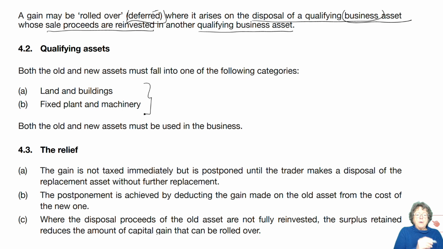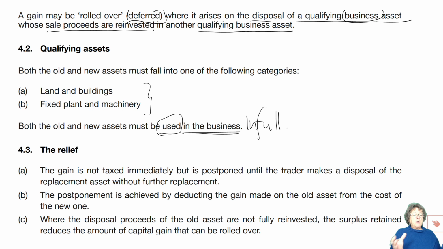Now, both of the old asset and the new asset must fall in this category, and both the old and the new must be used in the business in full. So we're probably looking at buildings being sold, buildings being bought.